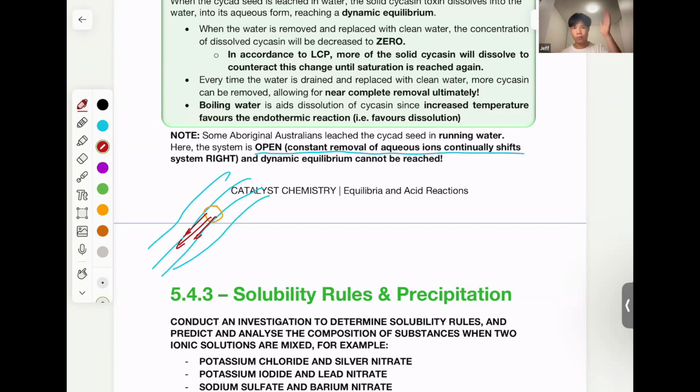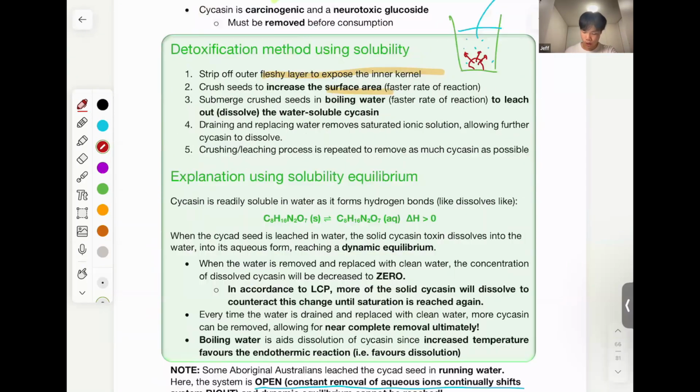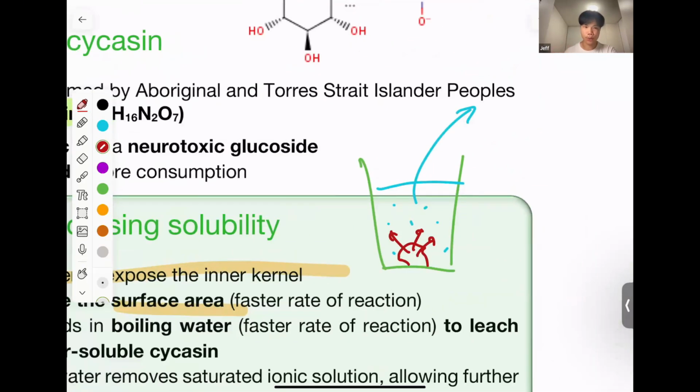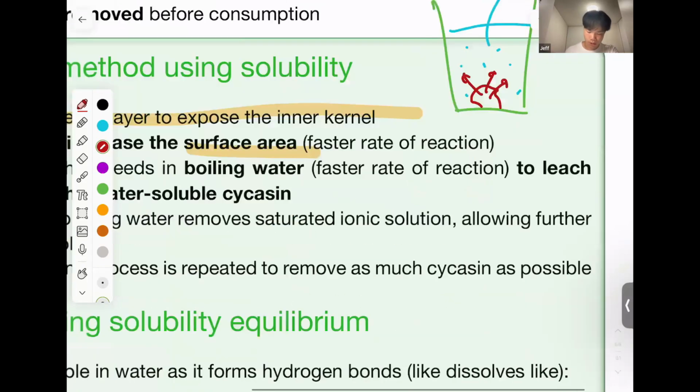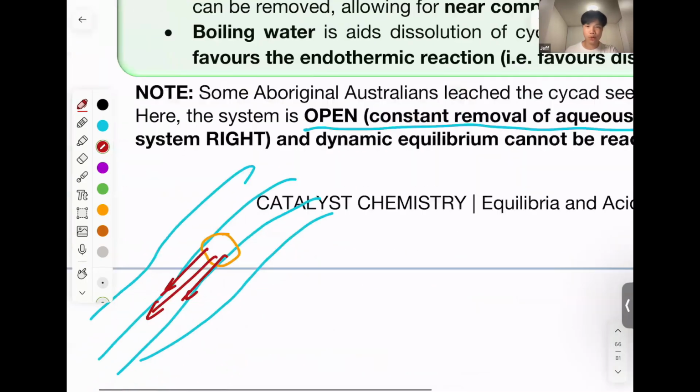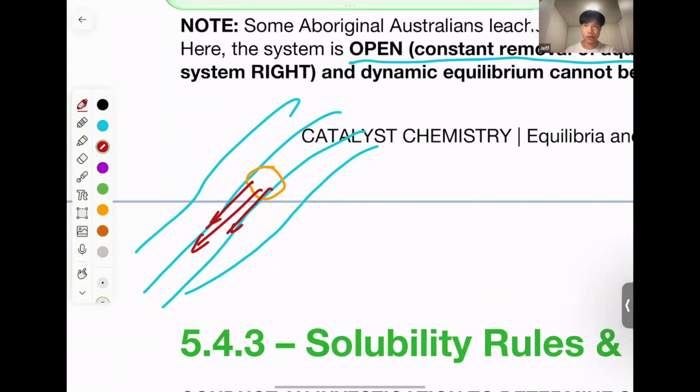Matter is removed, equilibrium shifts right, and you continue to dissolve all this toxin in the stream until it's all gone. So just be wary when you justify this that when you talk about dissolving into a bucket of water, that's a closed system and you justify it as that. And if you're talking about the stream, you're forming an open system and you are continually shifting equilibrium from the removal of matter. Be wary of that as well.